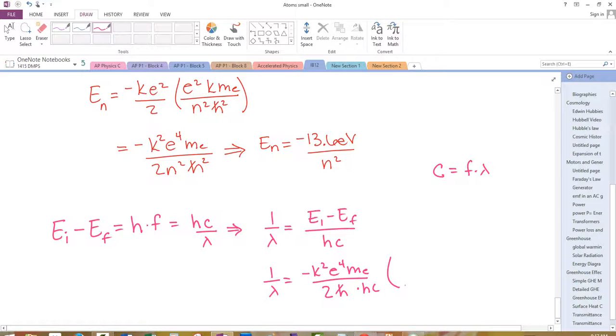There's one that's h and one that's h bar, so we can put them together, and it is squared. This is going to be 1 over n initial squared minus 1 over n final squared.